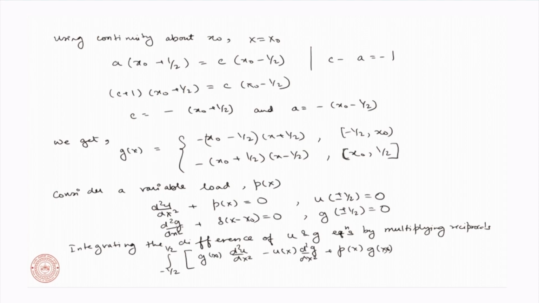We can see that g is a function of x and x naught from here, and then the Dirac delta x minus x naught. This dx we are trying to get should be equal to 0. That is the objective of this equation. So, let us write this equation one more time on a fresh page. So, minus 1 by 2 to 1 by 2.